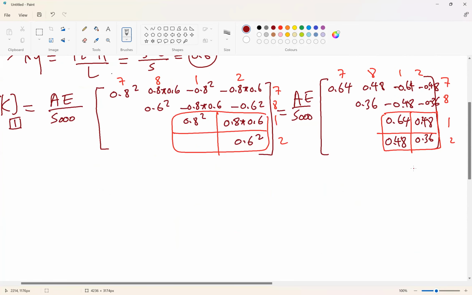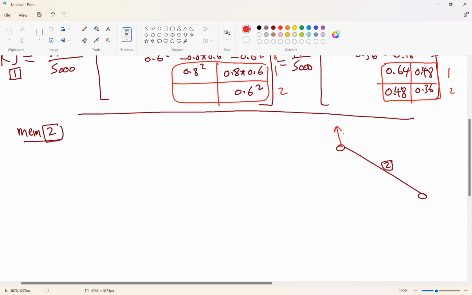For member 2, how is member 2? Member 2 is similar to member 1, but with a different reversed slope. So this is member 2. What we have in member 2, we have here movement 1, movement 2, movement 5, movement 6. This is node 3, this is node 2.